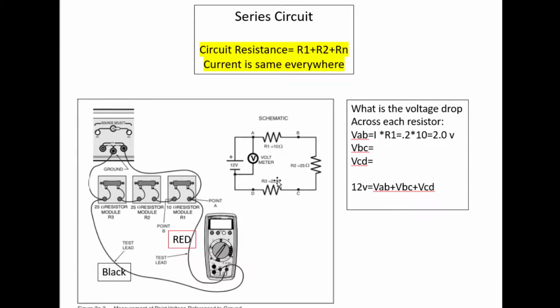Total resistance would be 10 plus 25 plus 25 is 60 ohms, right?